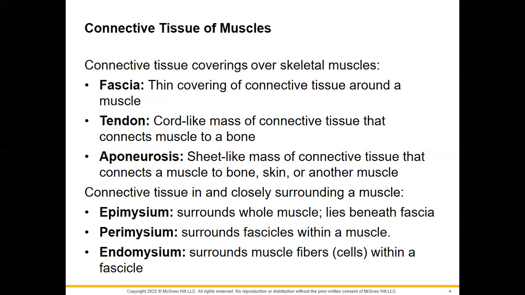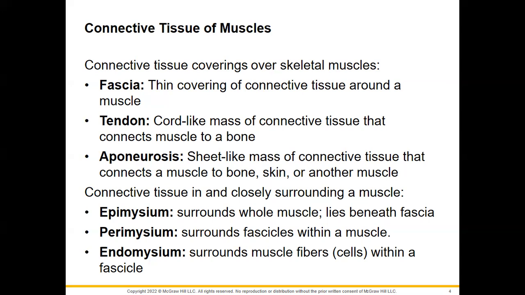So when we talked about facial expression and having muscle attached to the skin to control your facial expression, we're saying that the connective tissue that connects that muscle to the skin is aponeuroses, a sheet-like mass of connective tissue that connects the two, and that also connects your muscles. So that is how skeletal muscle is connected to itself and other structures.